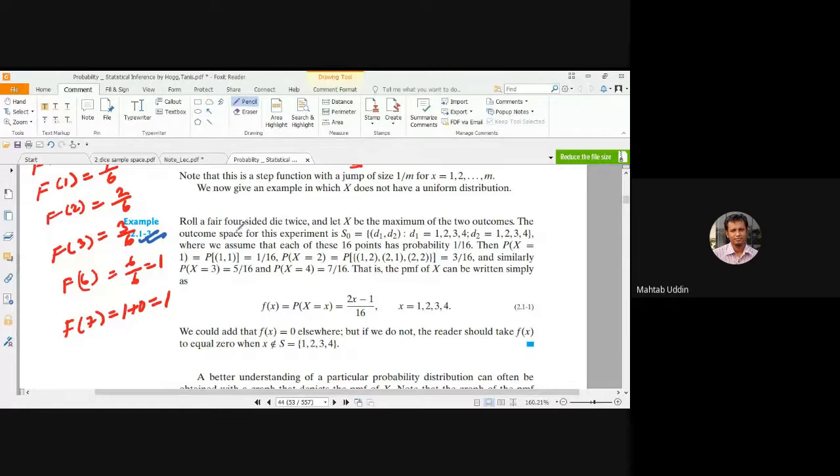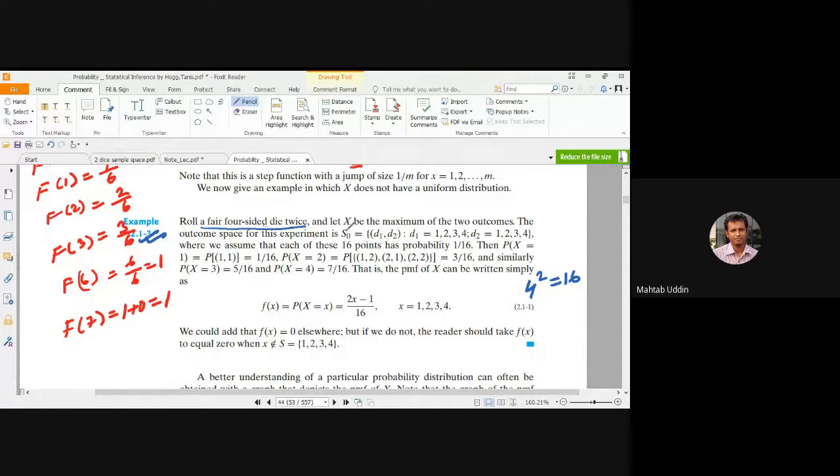Roll a fair 4-sided die twice. How many times do we roll? 2 times. But it has 4 sides. So a 4-sided die 2 times. How many outcomes are there? 16.